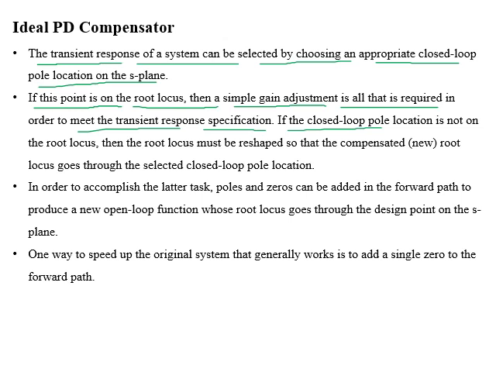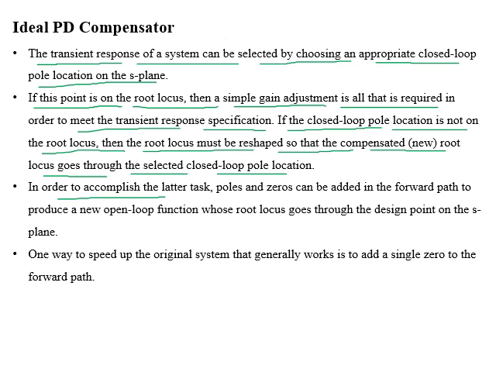Now, if the desired closed loop pole location is not on the root locus, then the root locus must be reshaped so that the root locus of the compensated system passes through the desired location of closed loop pole. And with this, the desired transient specification will be achieved.